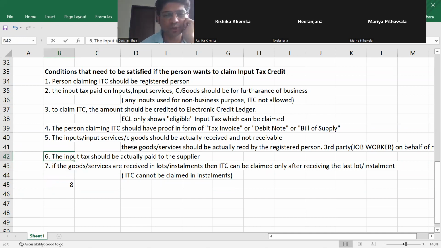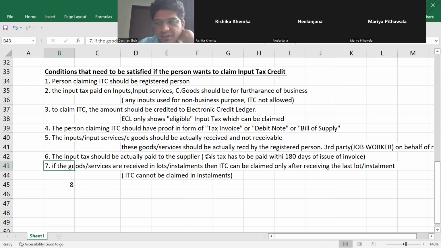Okay. Now in the sixth point also they have made an amendment. Input tax should be actually paid to the supplier, and this tax has to be paid within 180 days of issue of invoice. This is the next condition, but I am writing it in the sixth condition only. It should have been condition number 8.